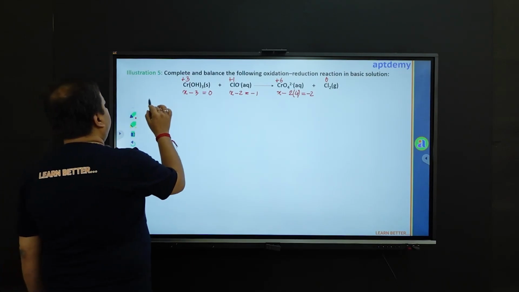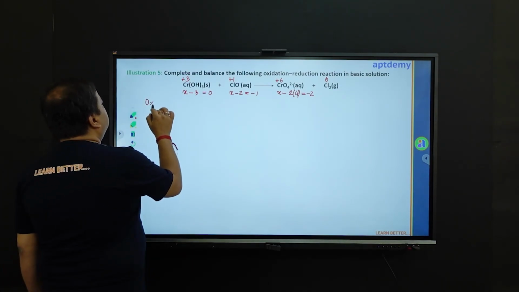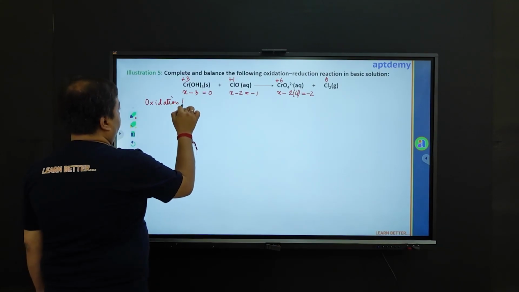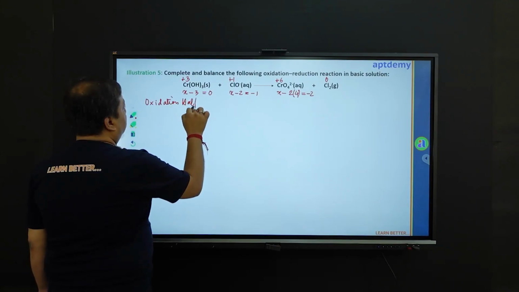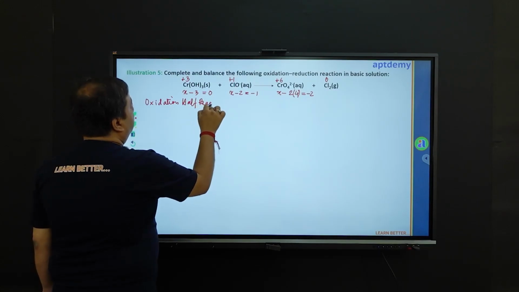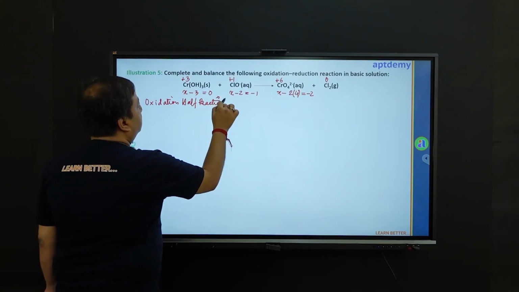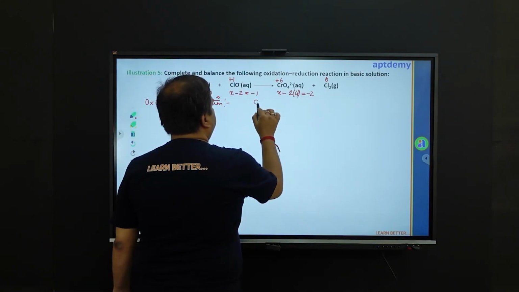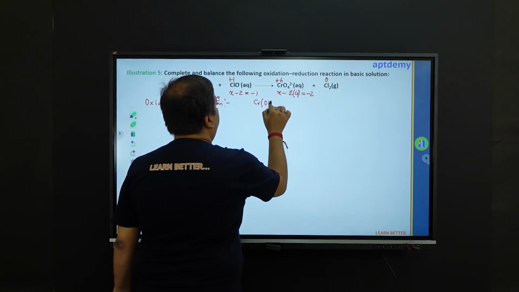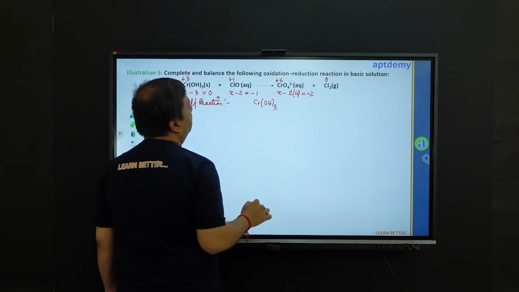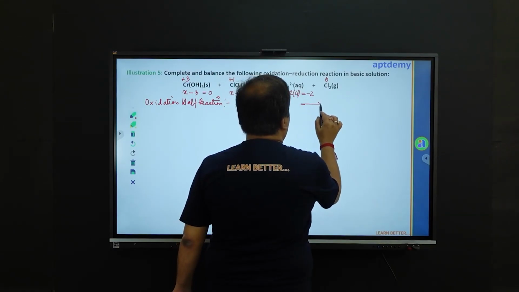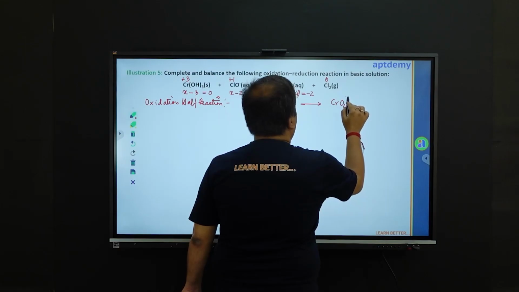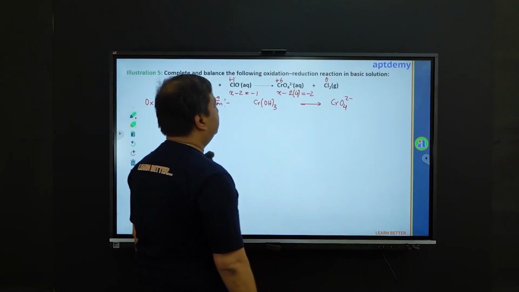So over here, we will say now the oxidation half reaction or equation is Cr(OH)3 going to CrO4 2 minus.